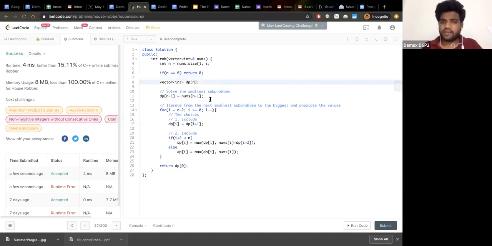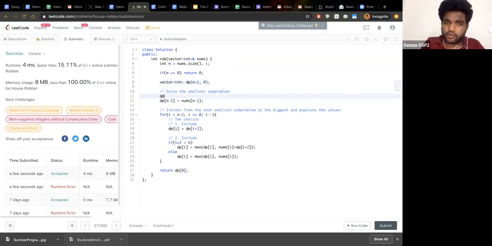Another way you could have done this is you could have had a DP array of size n plus 1 initialized to 0. So then you have two subproblems that you are solving. The empty DP of n is an empty subarray. So for an empty subarray, you will have 0, and DP of n minus 1 is basically a subarray or a suffix array of size 1.